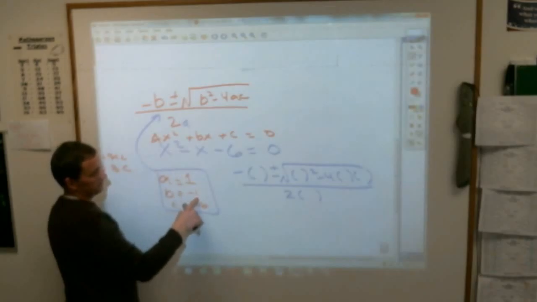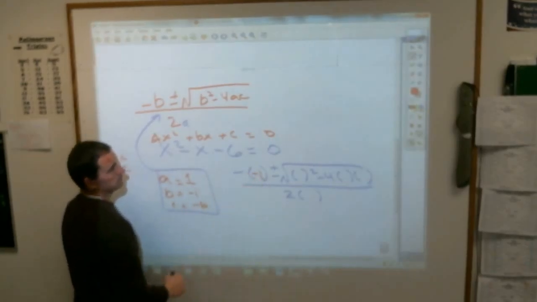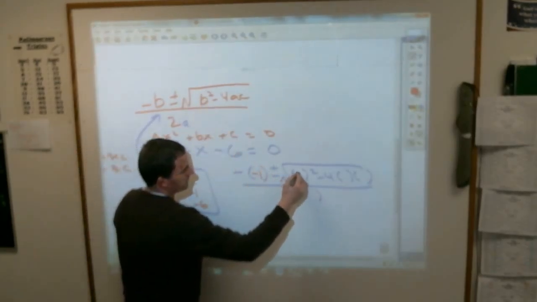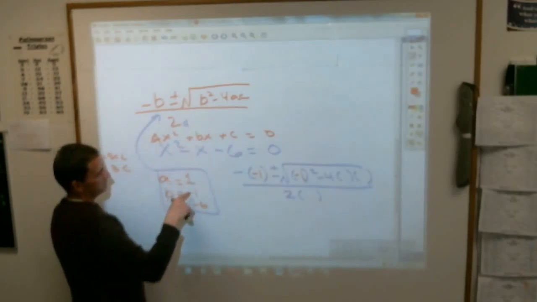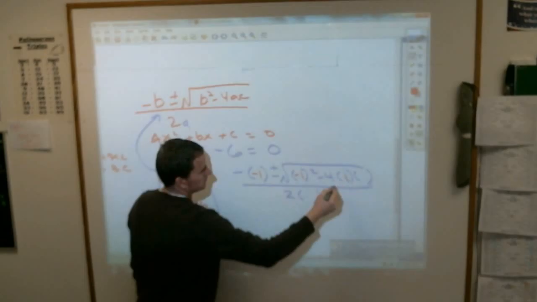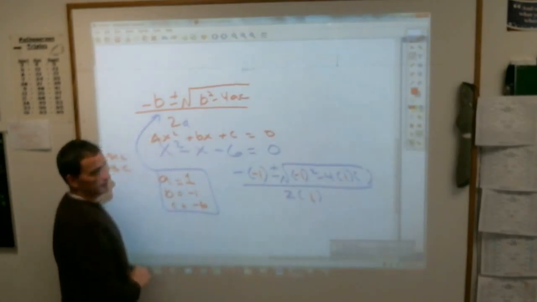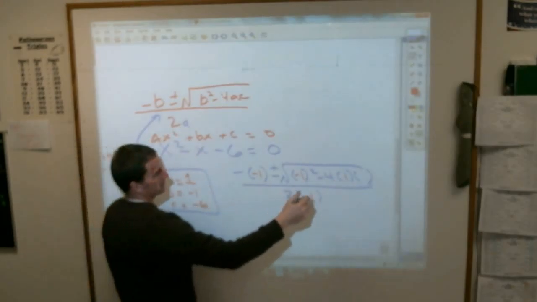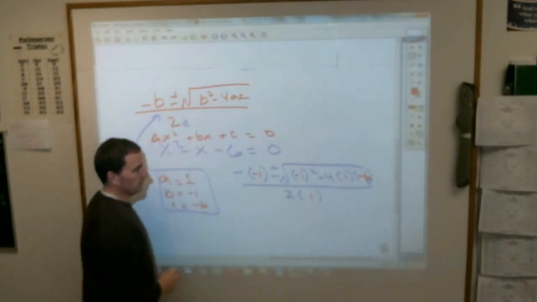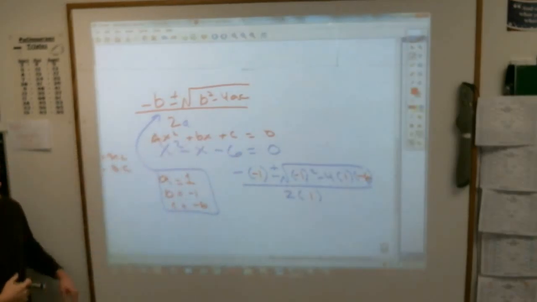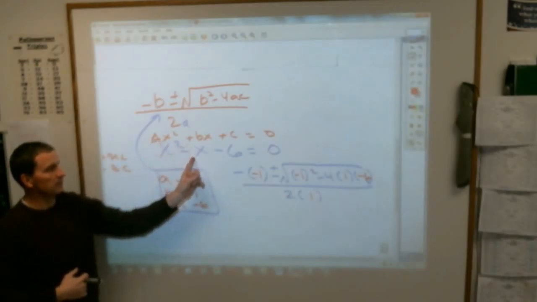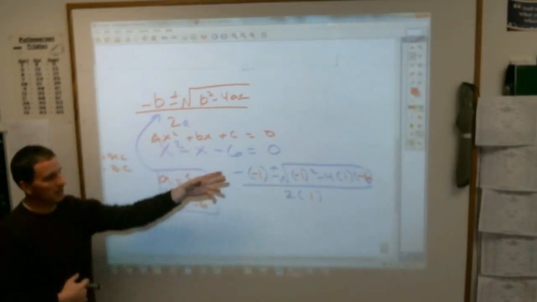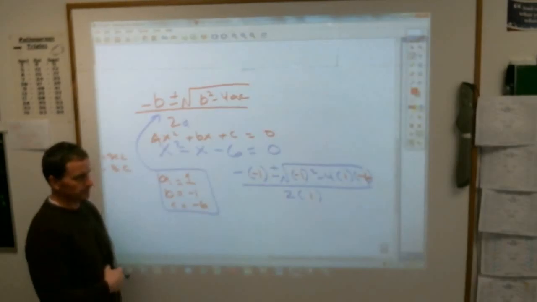B is negative 1. A is positive 1. And c is negative 6. Stop me there if you don't see where I got all the numbers from. 1 was in front of the x squared, negative 1 in front of the x, negative 6. You just plug those numbers in.